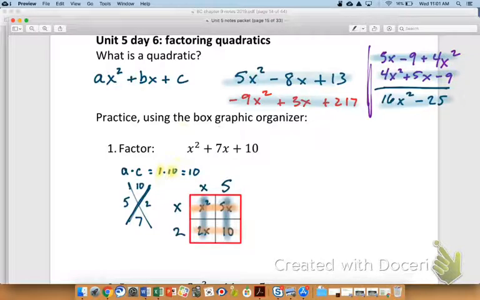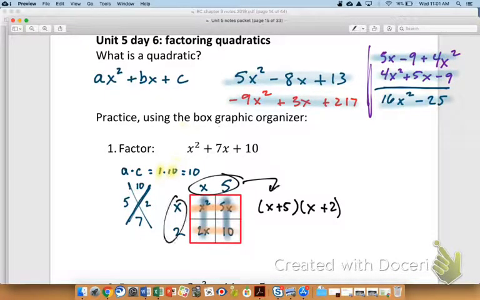So then does this not look just like the multiplication we've done a bunch? So what we've done is we've broken it back apart, and my factors would be x plus 5 times x plus 2. I'm getting those from here and here.